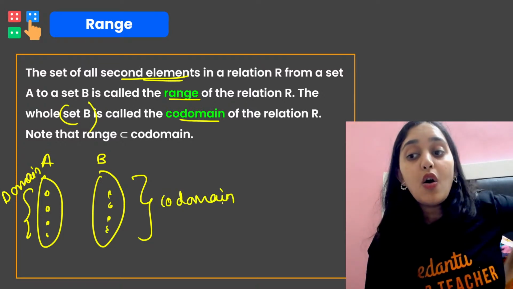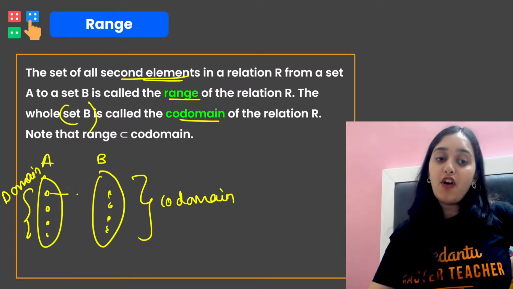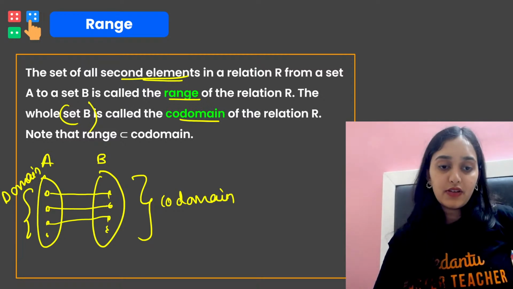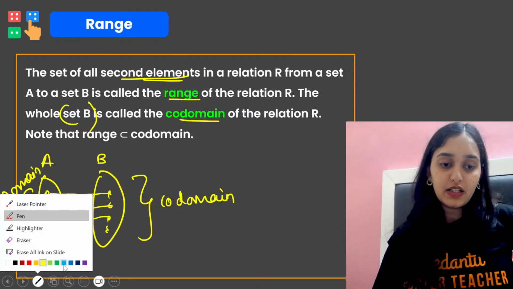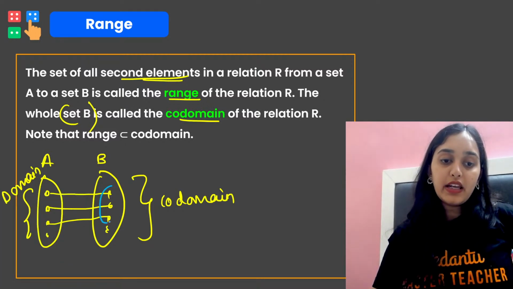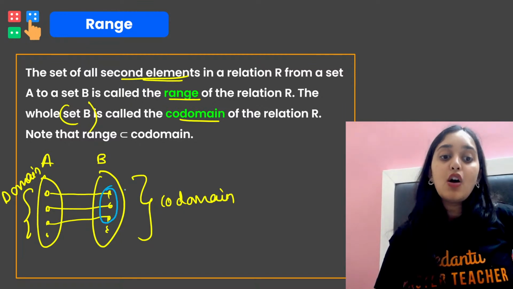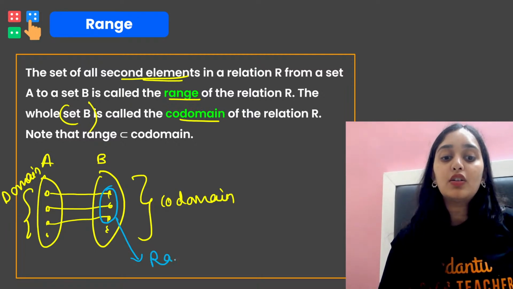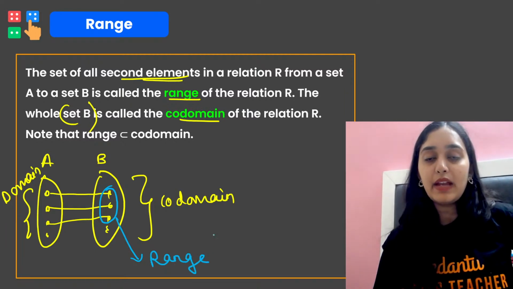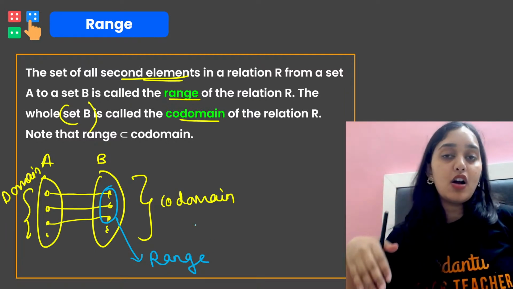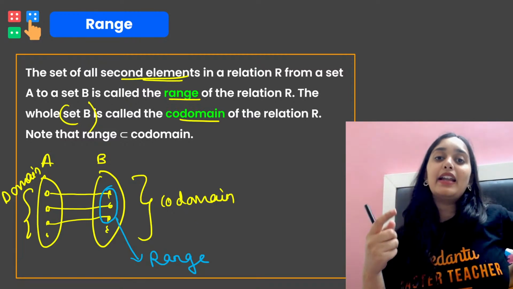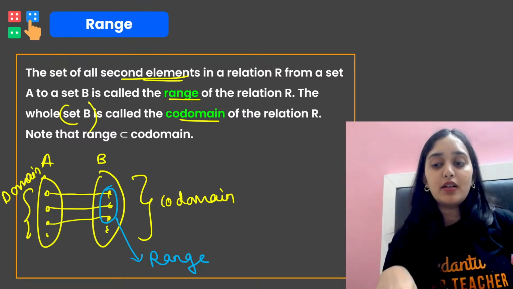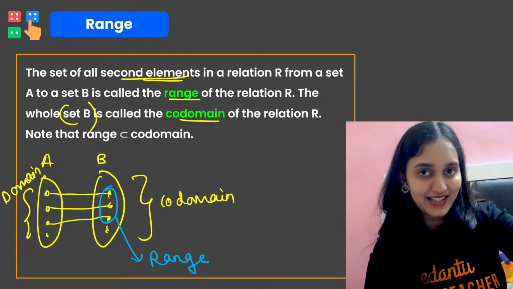But only the elements which form pairs, talking about these three elements, only the elements which are forming pairs will belong to the range. So the complete set belongs to the codomain, and in that complete set, only the elements which are part of the ordered pairs belong to the range.